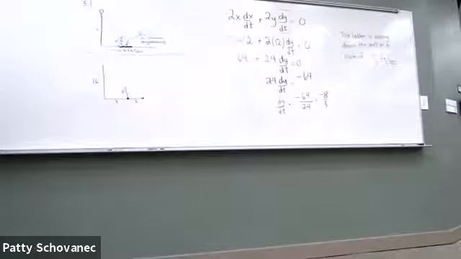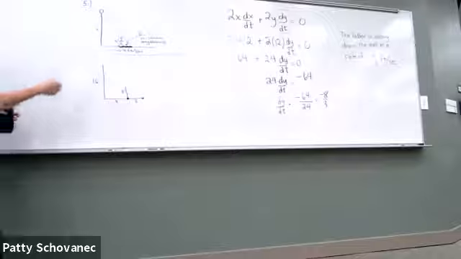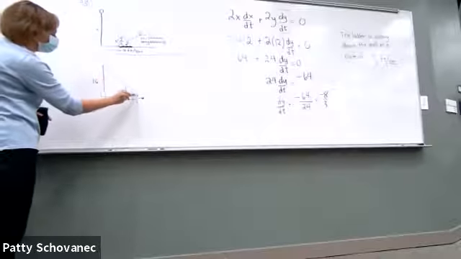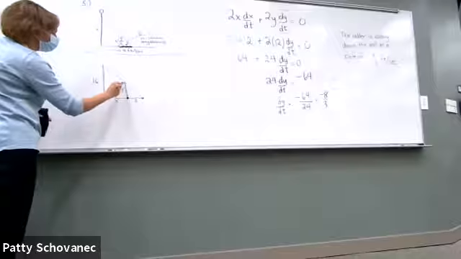And now I need some equation that relates those entities to each other. This is changing over time, but they're not giving any information about it, so I don't want to put a variable there because I don't know anything about it.